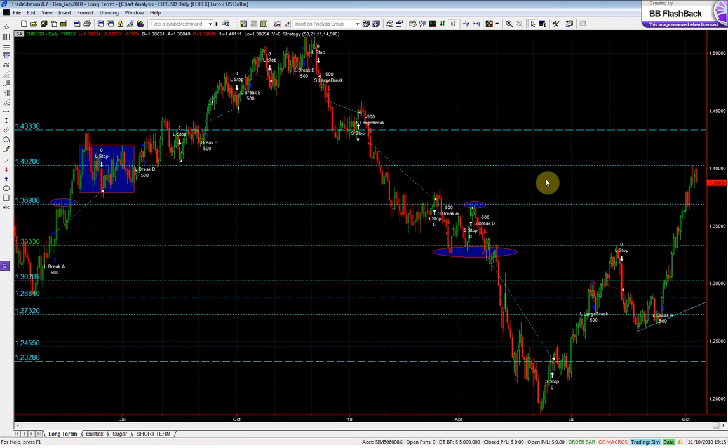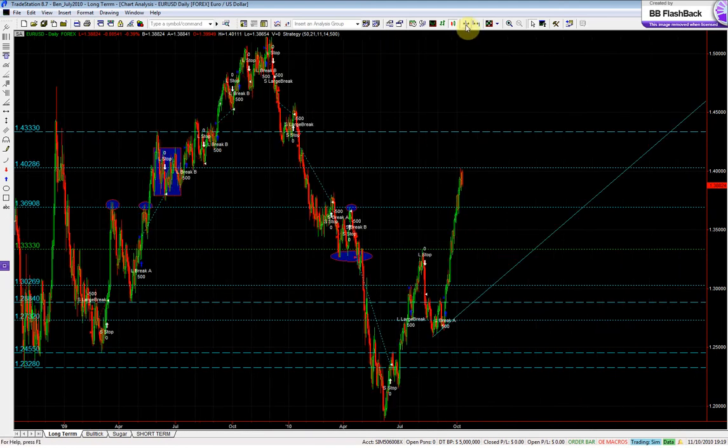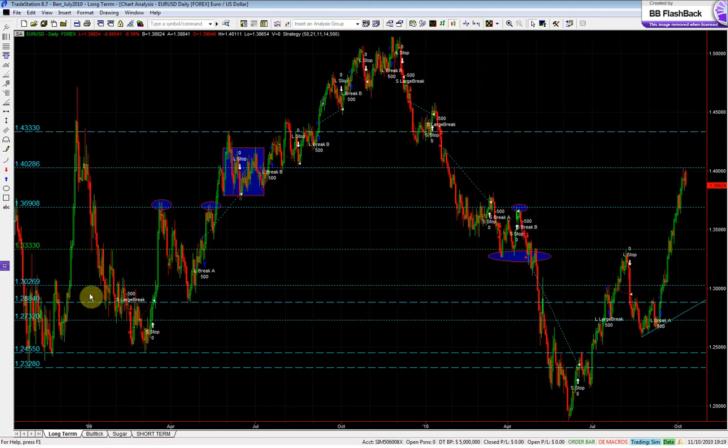Our structural short is going to be the 136.90, where we traded the level that gave us an area of resistance on the way up, and we get indicated by these two levels here.